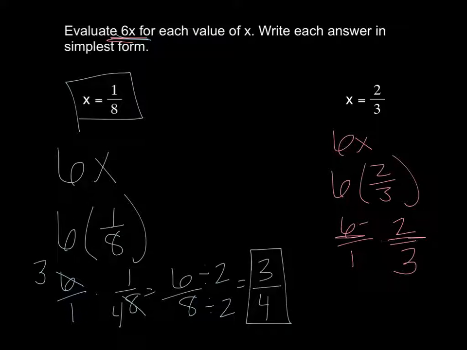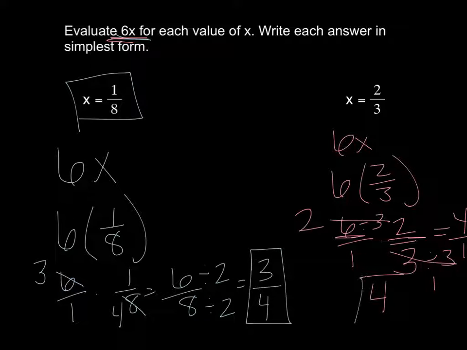So I could divide by 3, and I would get 2, and I would get 1. So I know my answer is going to be 2 times 2, which would be 4, over 1 times 1, or just 4, would be my answer for this one. And if we did 6 divided by 3, I'd get, yep, so 4 is our answer there.